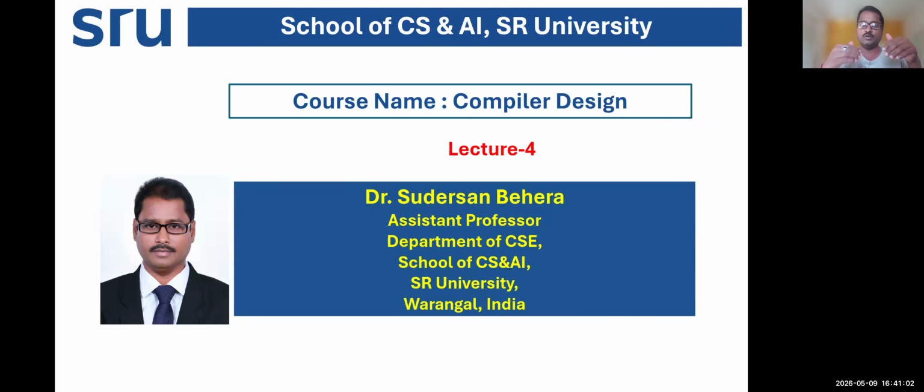So more or less, we came to know what a compiler is, what the different phases of a compiler are, and how each phase works in order to convert the higher level language into machine code. I hope this is clear to you.